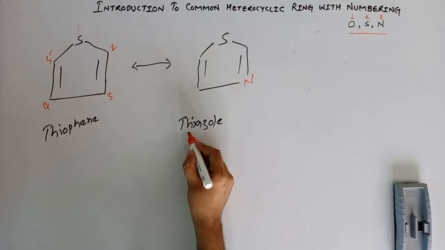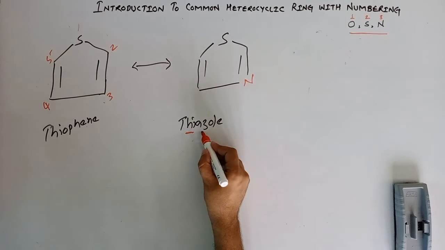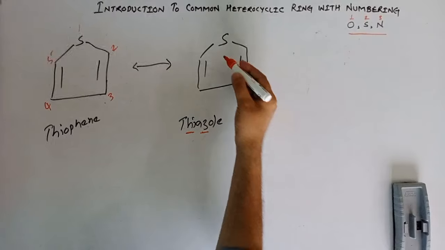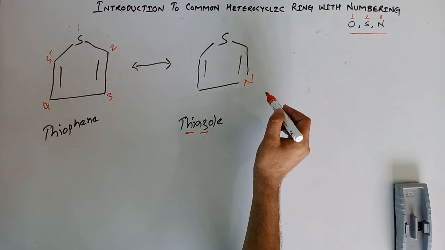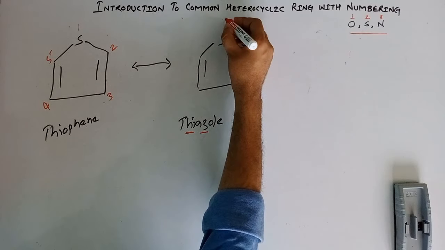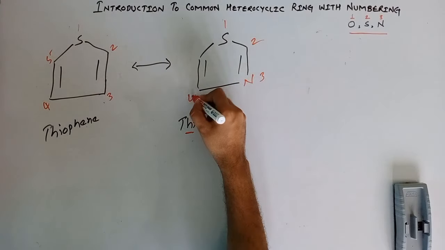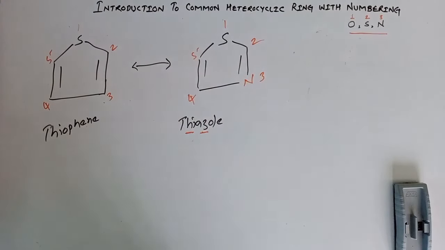The thia prefix is used for sulfur and the aza prefix is used for nitrogen. These rings have both sulfur and nitrogen in their structure, so thiazole. Numbering again starts with sulfur because sulfur has higher priority than nitrogen: 1, 2, 3, 4 and 5.